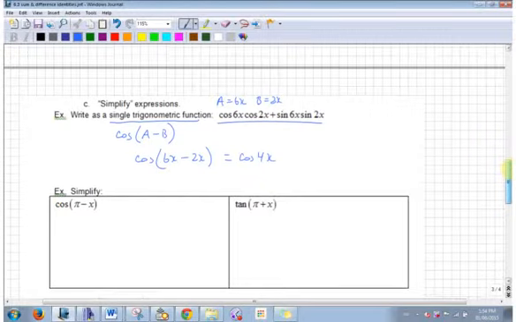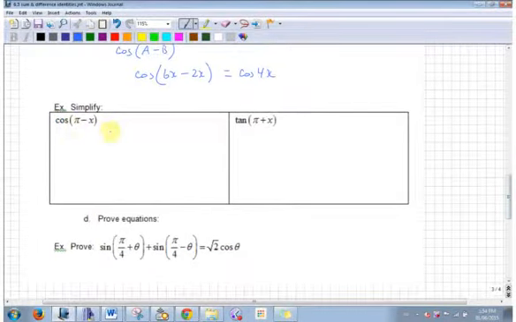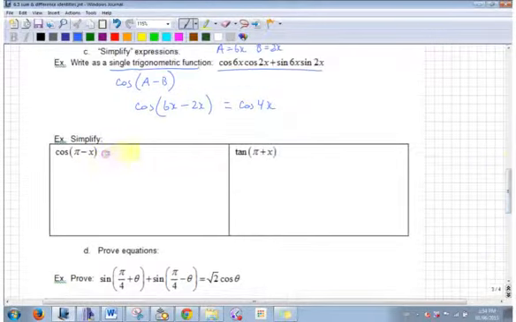Okay? Simplify. Cos A minus B. I just did that one, right? Okay, so that's the same as cosine A times cosine B plus sine A times sine B. Here A is pi and B is x.